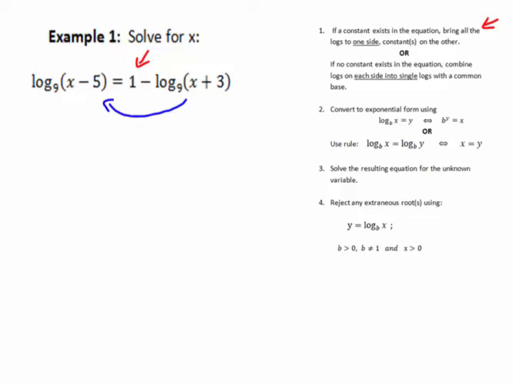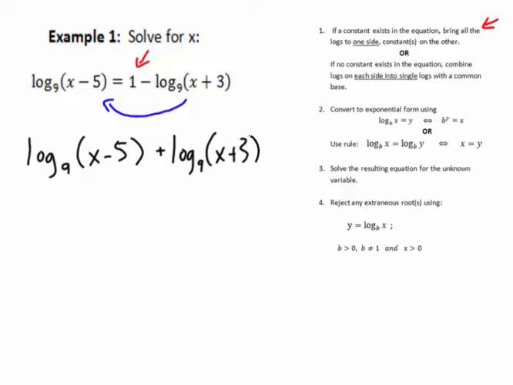Just doing algebra here, that'll give us log base 9 of x minus 5. Moving that logarithm to the other side makes it positive: log base 9 of x plus 3, and that's going to equal just that constant term. So there we go, all the logs are on one side.